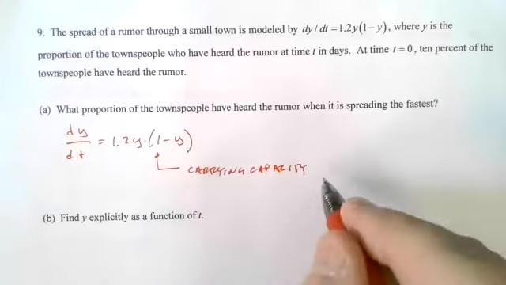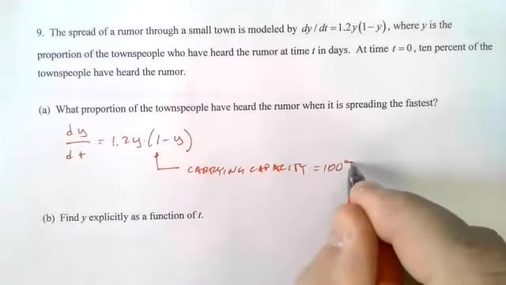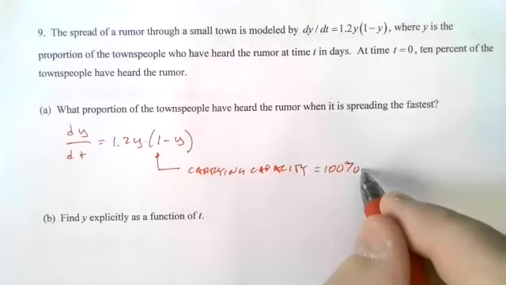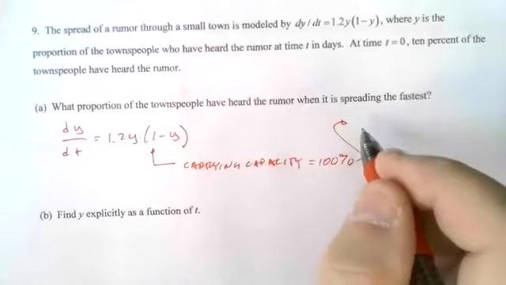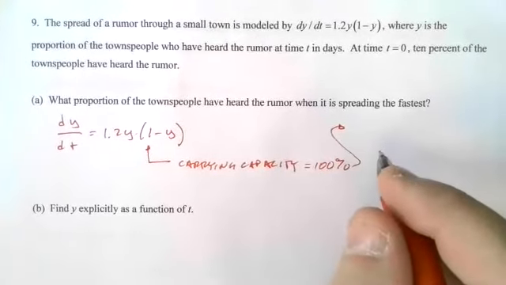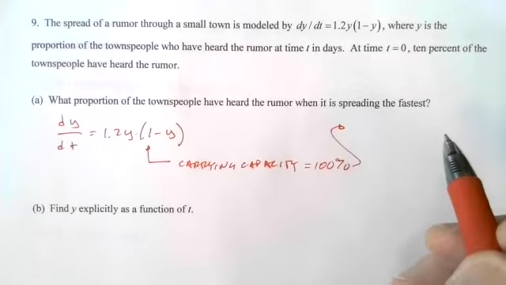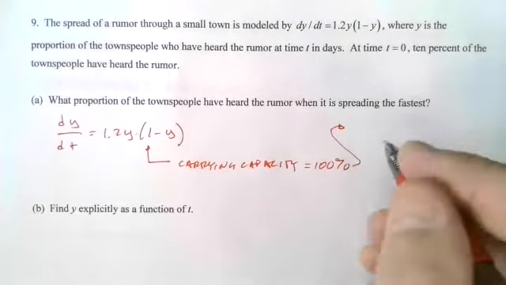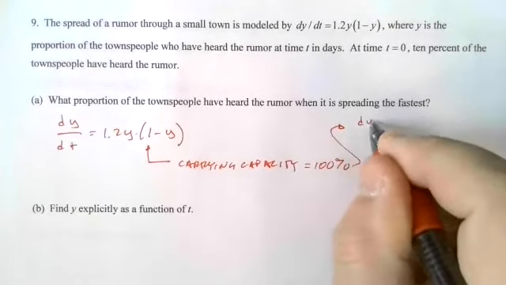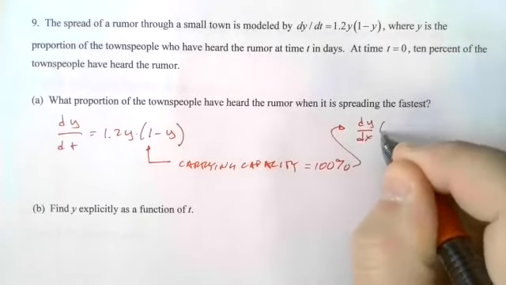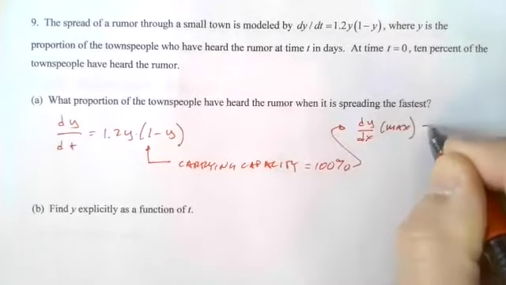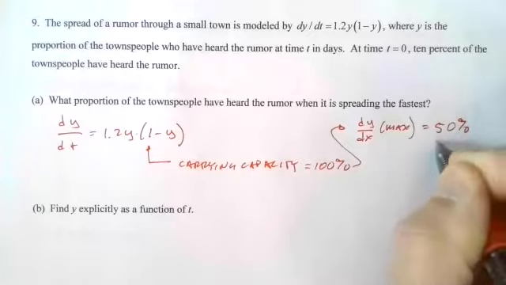You hit 1, I mean, it basically becomes 100%. Everybody's heard it. Except me, I never hear the rumors. So when it's spreading the fastest, it's half of that. So it'll be when 50% of the townspeople have heard it.